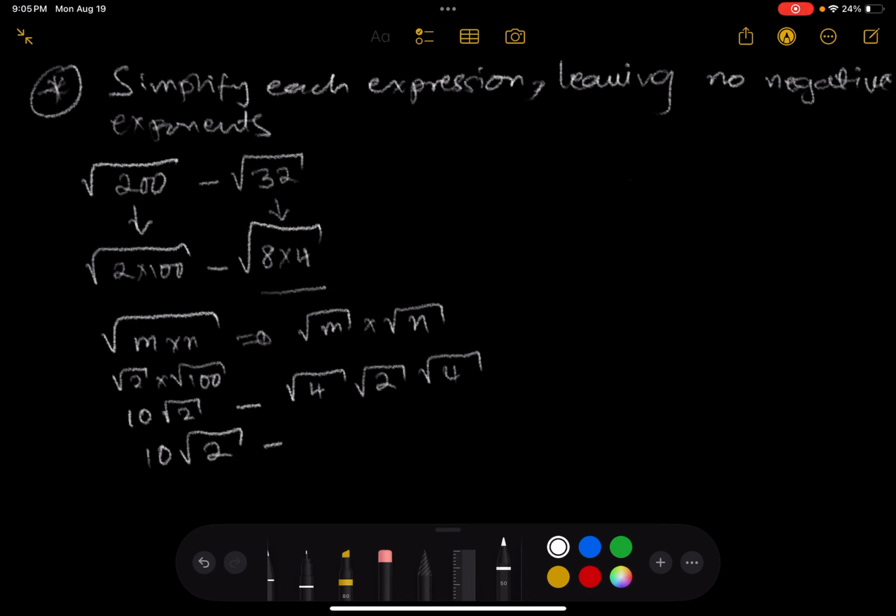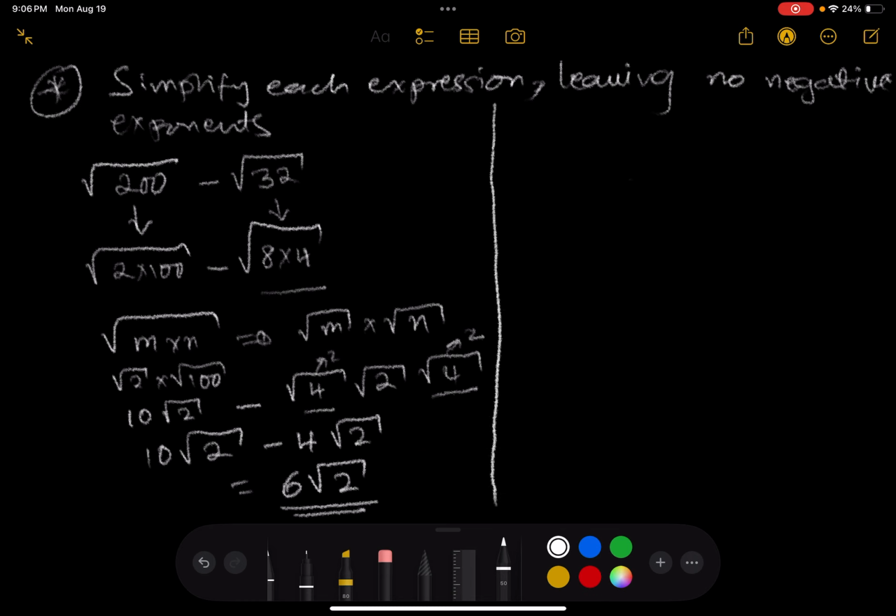Minus, the square root of 4 is 2. The square root of 4 is 2. So you would have 4 times the square root of 2, because this one gives you 2, that one gives you 2, so 2 times 2, you get 4. Now you have the square root of 2. So this ends up giving you 6 square root of 2 as your final answer.